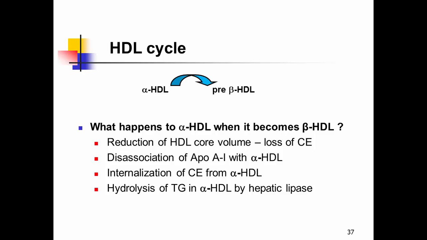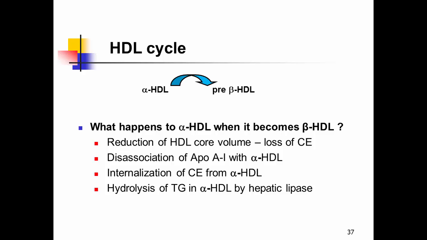So the transition from alpha HDL to pre-beta HDL means that a lot of lipids are being transferred out of alpha HDL, right? And we also mentioned that alpha HDL basically is picked up by the liver. So the liver picks up the lipids, particularly cholesterol esters, inside of the alpha HDL and makes alpha HDL become lipid-poor pre-beta HDL, right?